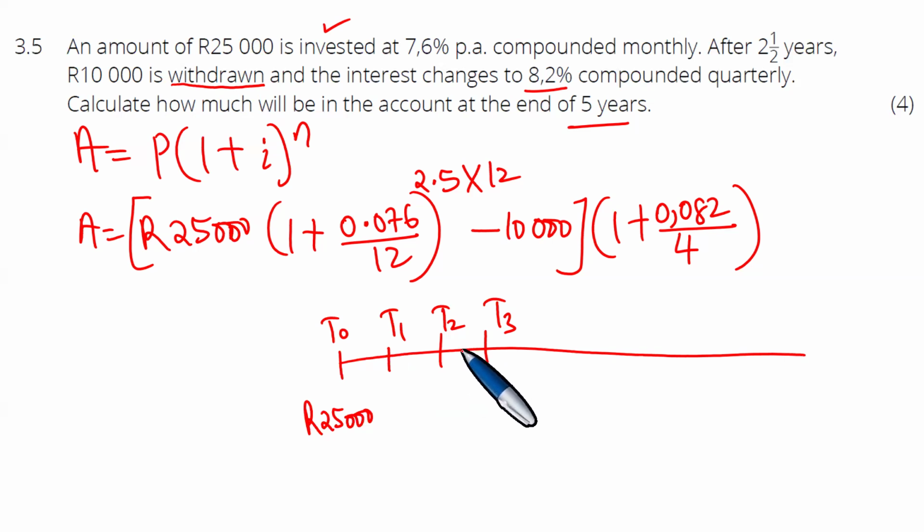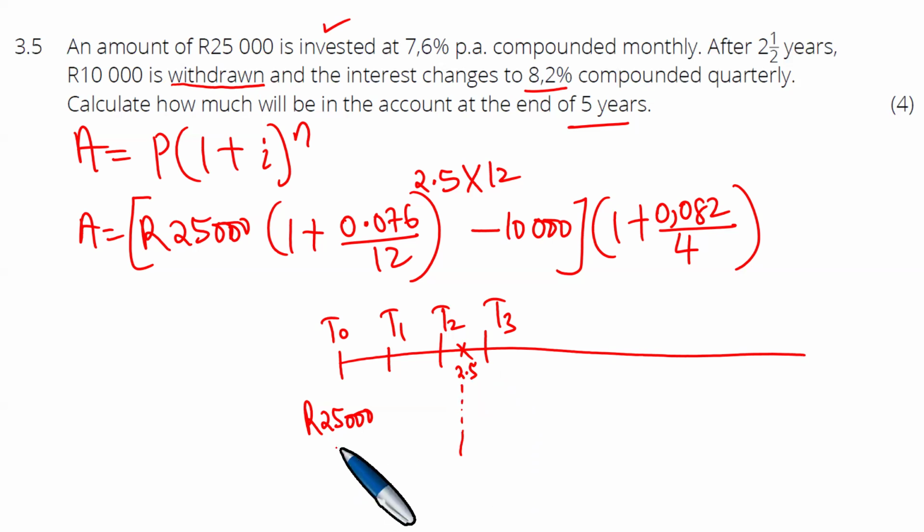After 2.5 years, 10,000 is withdrawn, and the interest changes to 8.2% compounded quarterly. So we note that after 2.5 years we draw 10,000. In other words, we're going to allow this, and there's going to be 2.5 years here.